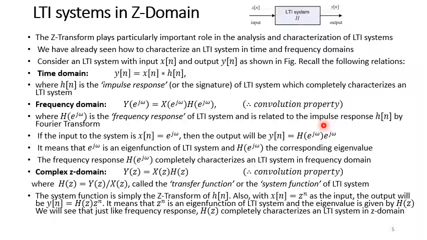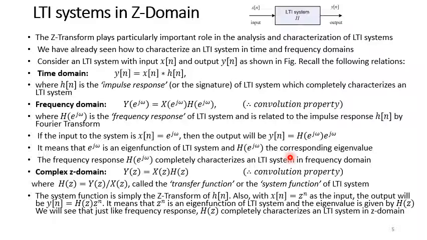So we say the complex exponential signal is the eigenfunction of the LTI system. And similarly, H of e^(j omega), which is the modification factor or change factor, is called the eigenvalue of the LTI system.